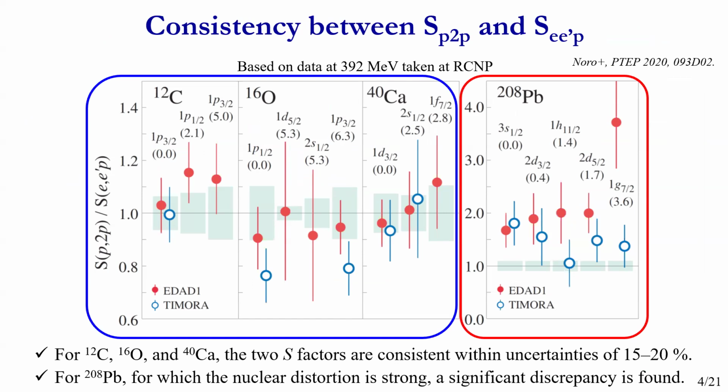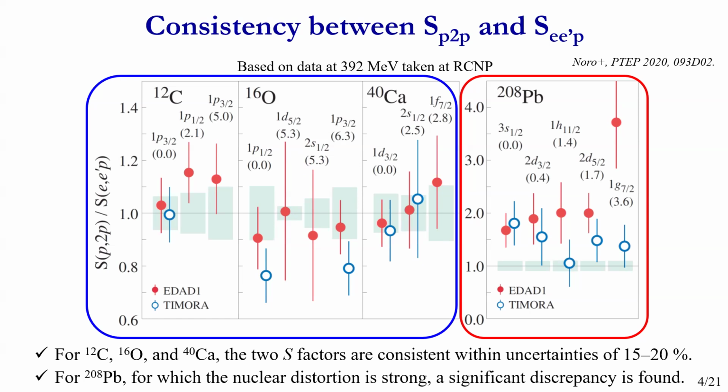You're showing this overall consistency. But then there's that statement there that says that for the lead, there's significant discrepancy found. Perhaps the uncertainties aren't fully quantified, but there's a significant deviation from those values. So how is this understood?